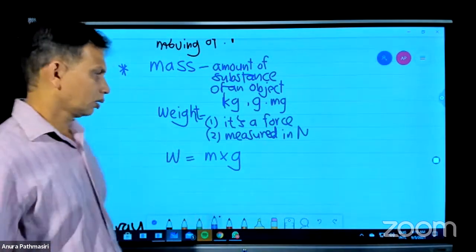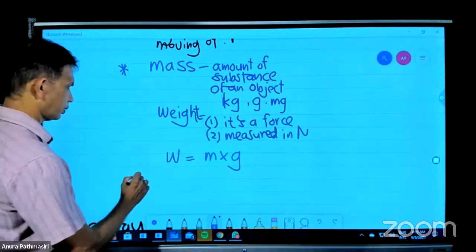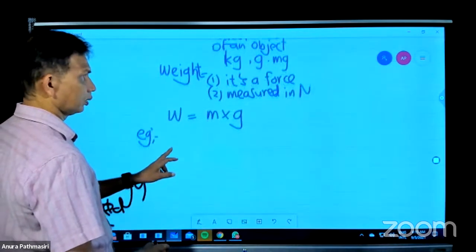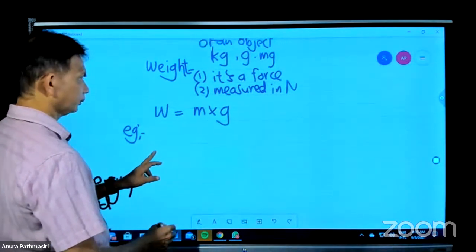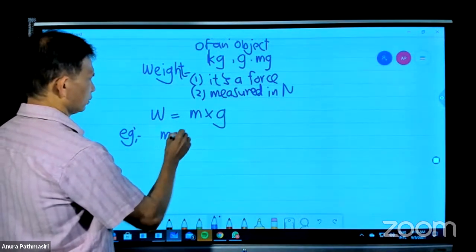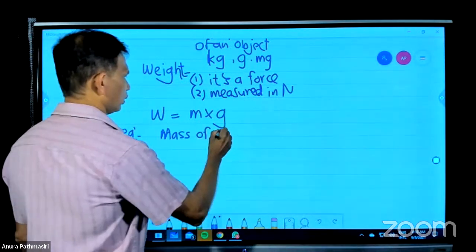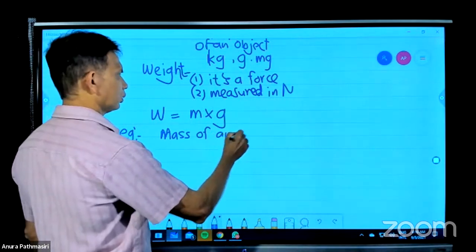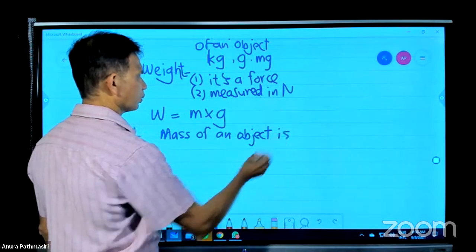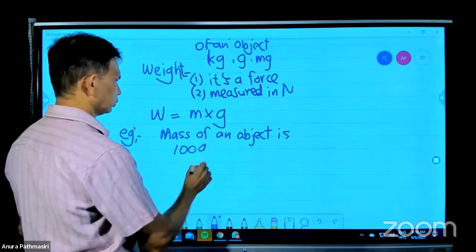For example, the mass of an object is 100 gram.